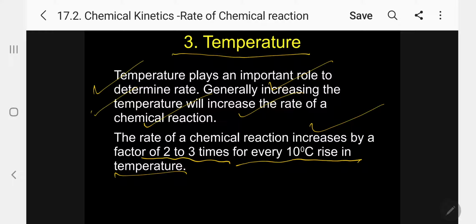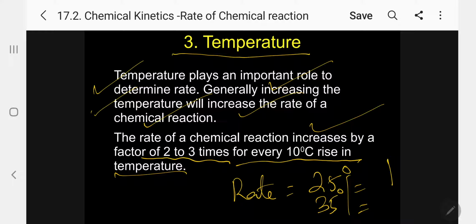Kindly follow. Suppose I have a rate measured at 25 degrees centigrade. Assume the rate is 1. Then at 35 degrees, for every 10 degree rise, this will increase 2 to 3 times. So the rate of a chemical reaction increases by a factor of 2 to 3 times for every 10 degree rise in temperature.